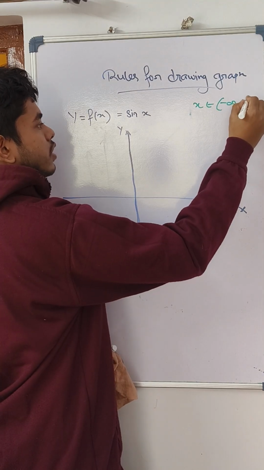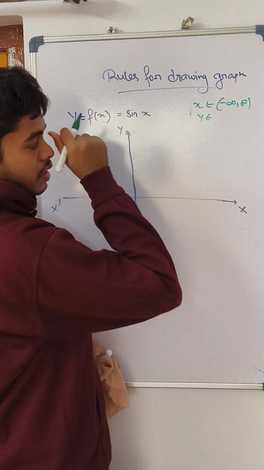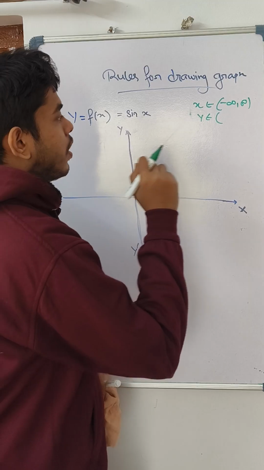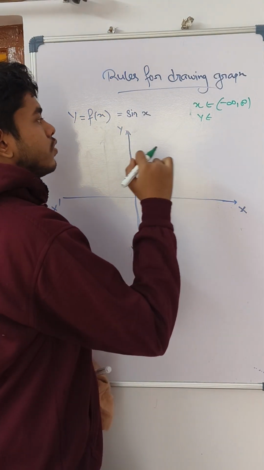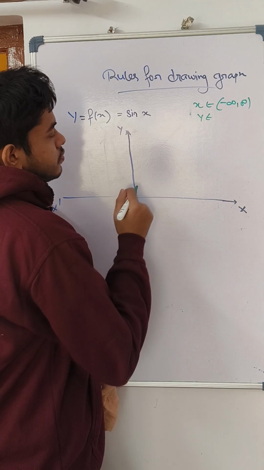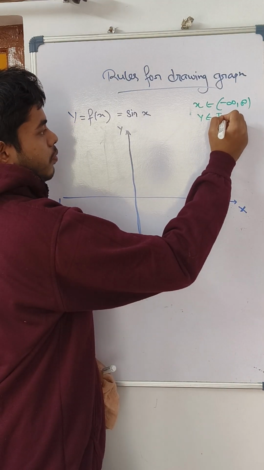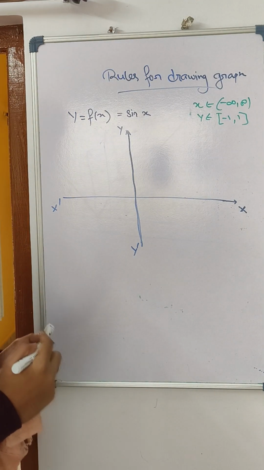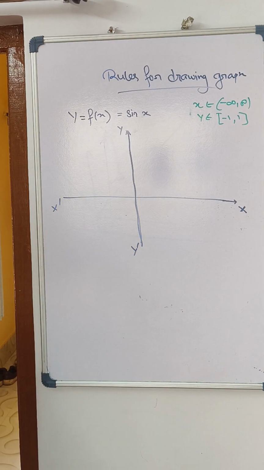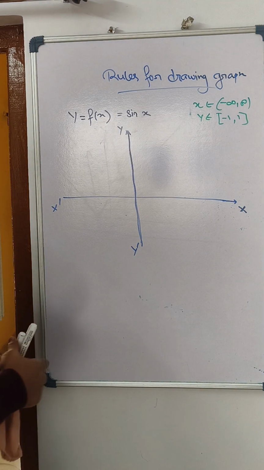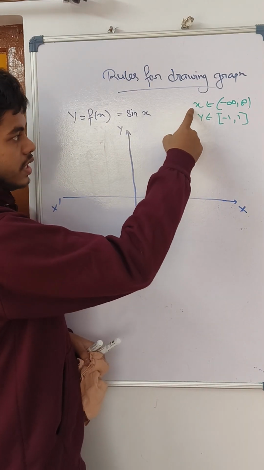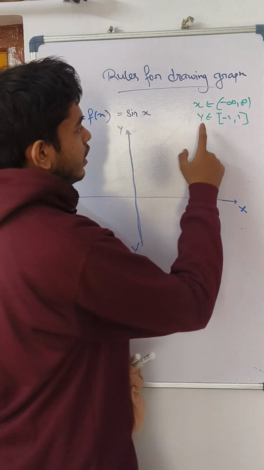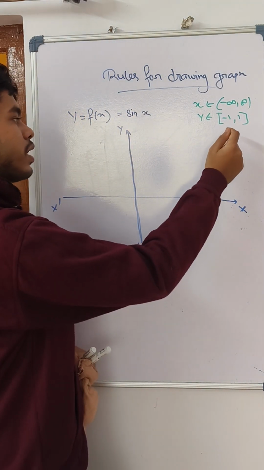minus infinity to infinity. So x is minus infinity to infinity, which means here x can take values from minus infinity to plus infinity, and y can give output from minus 1 to 1.